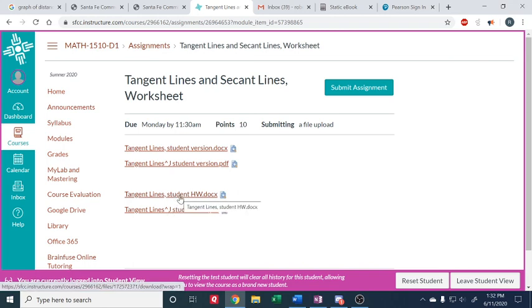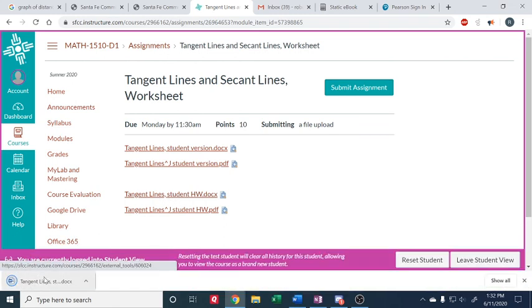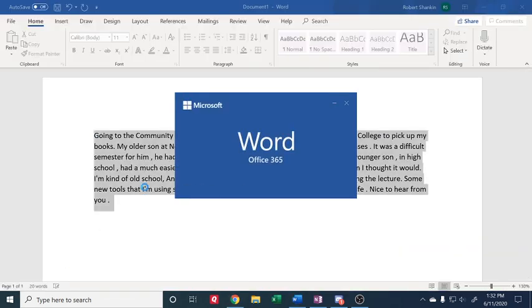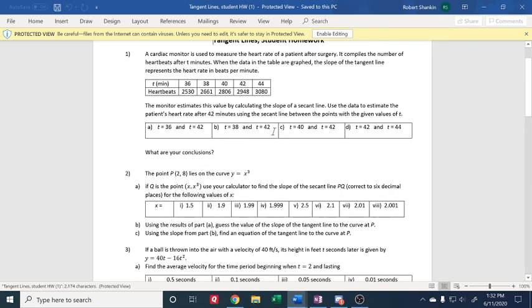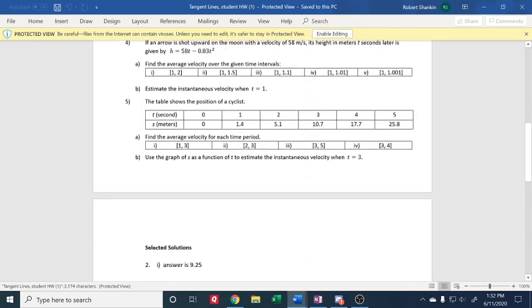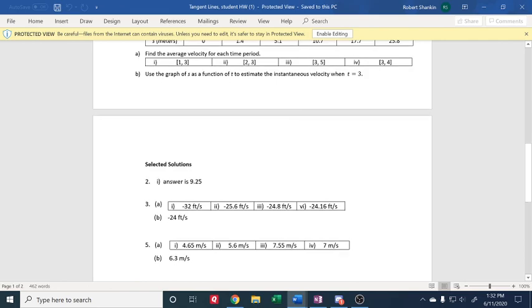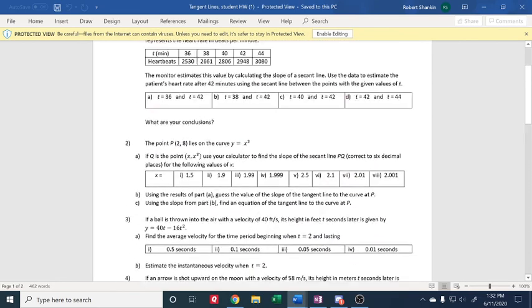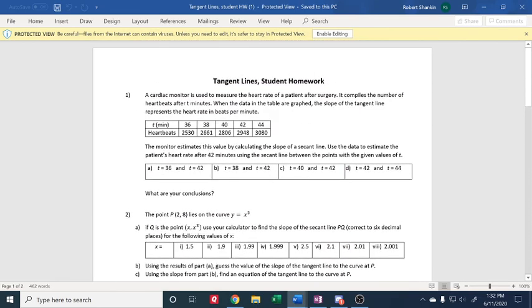So there are some problems, student homework problems, and there are selected answers for these as well. Since these are more similar, you may find you have an easier time with this. You might want to do this first and then do the 2.1 problems.